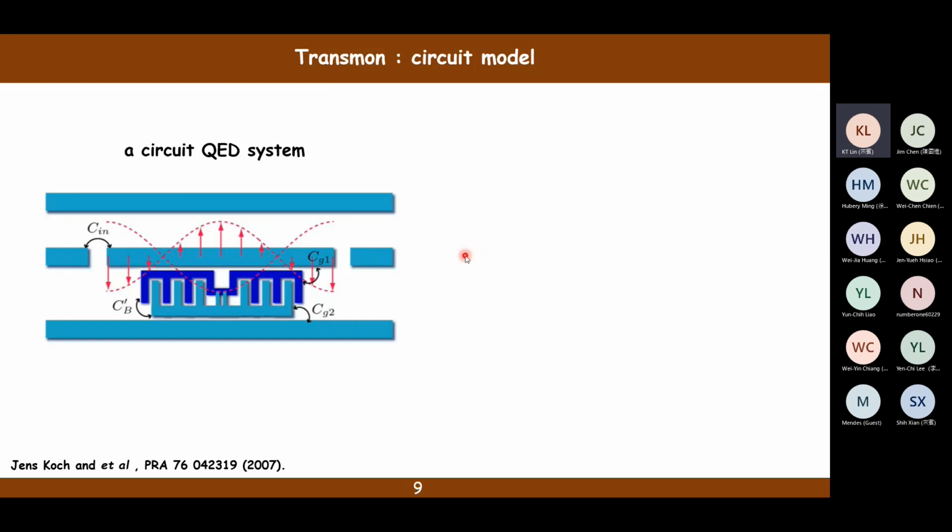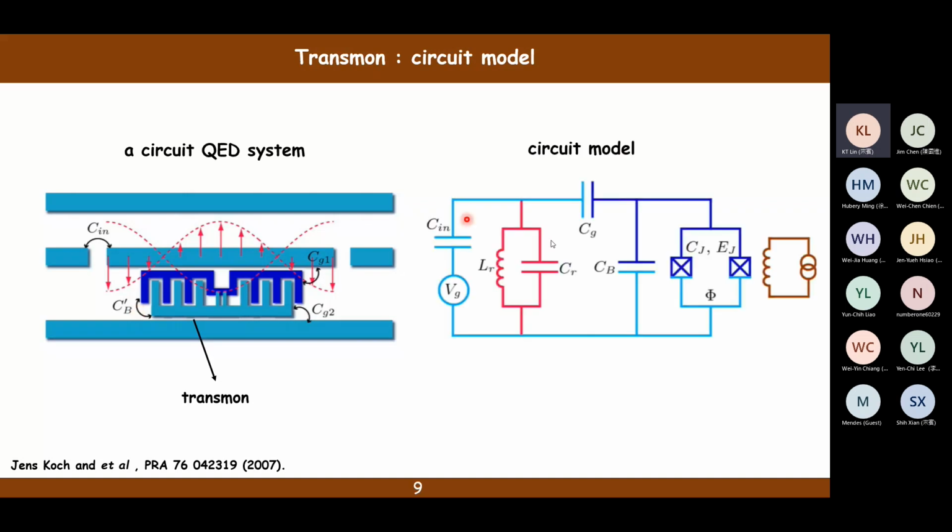This figure shows a typical circuit QED system. In this kind of setup, as you can see, the comb-like architecture here is the transmon. Its physical properties can be understood through the so-called circuit model, so you can use a circuit model to simulate the behavior of this circuit system.